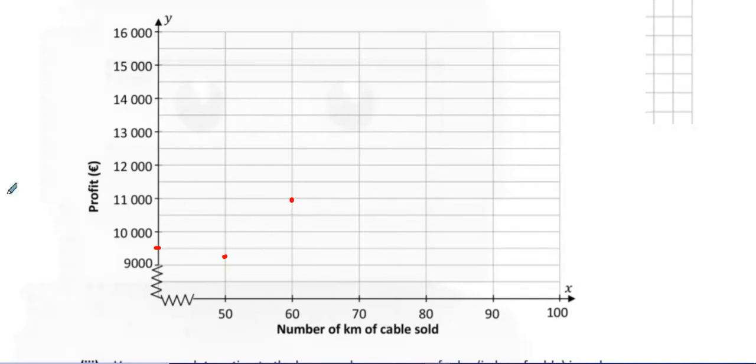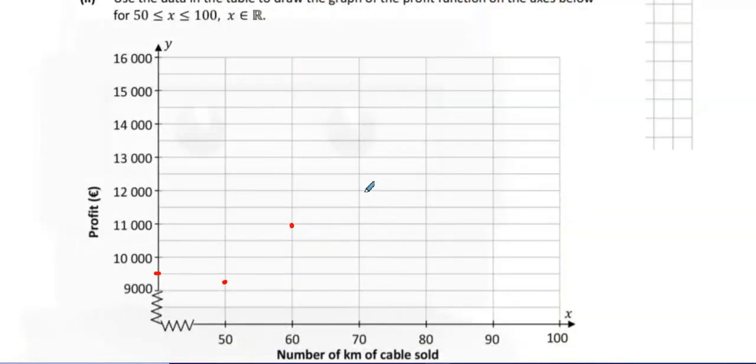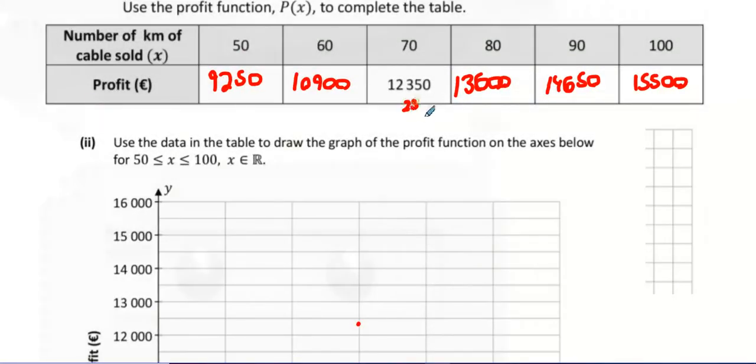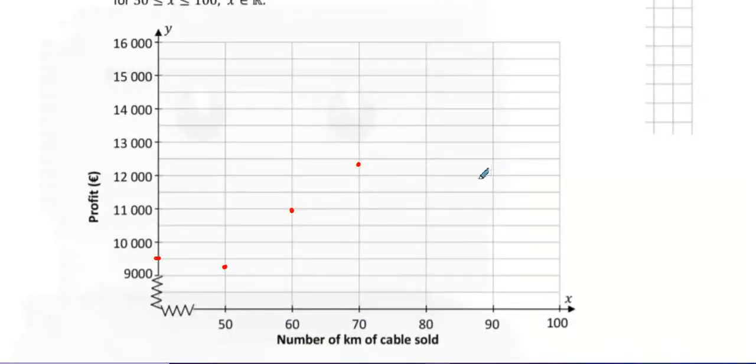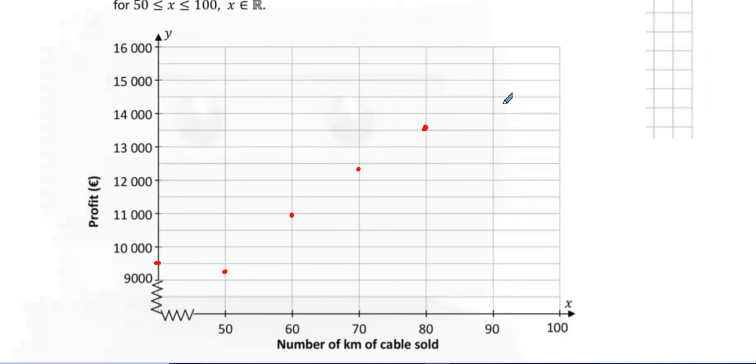So that's 10,900. 70 is 12,350, which will be below 12,500, just above halfway, because halfway would be 12,250. 13,600 next. So 13,500 is here, so 13,600 just above it. And 14,650. So halfway above 14,500, about 14,650 around there.